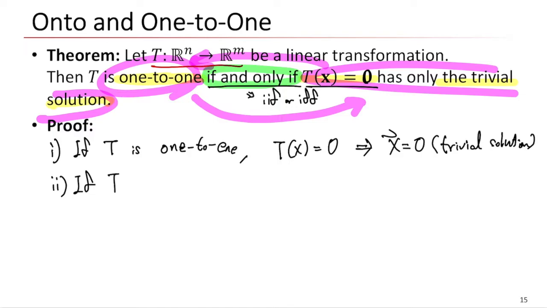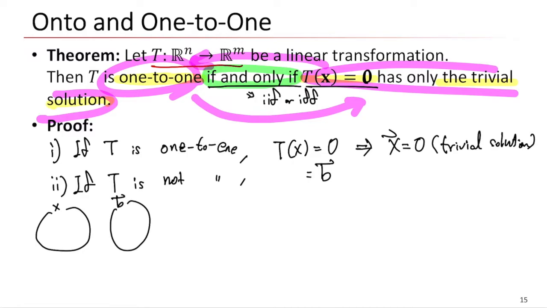The second case: if T is not one-to-one, there should be a vector b in the output space that derives from two different points in the x domain. Let's say this is the input domain and this is the output domain, right?